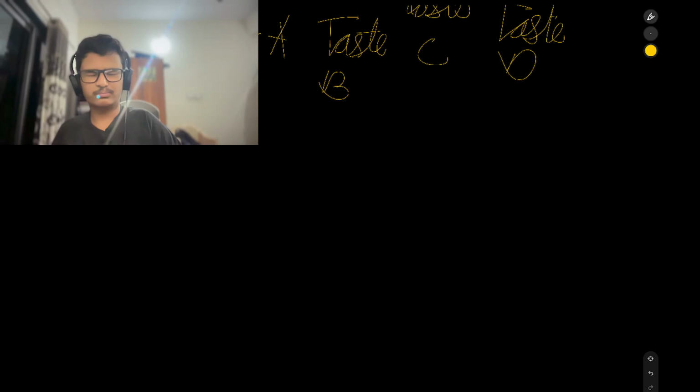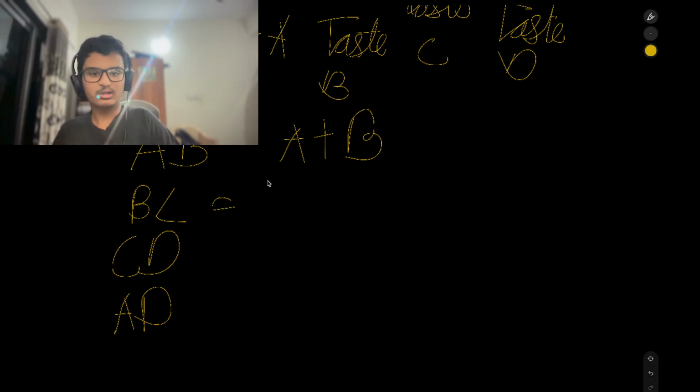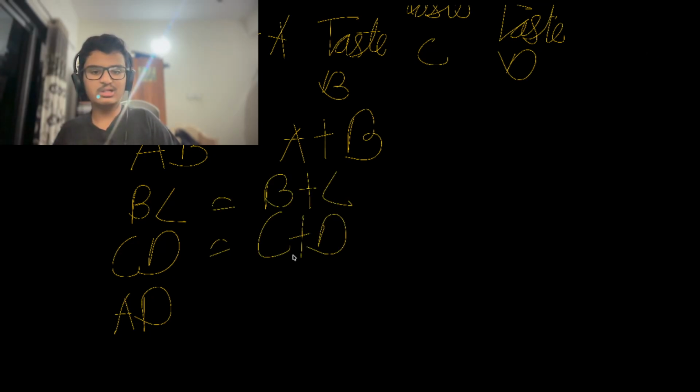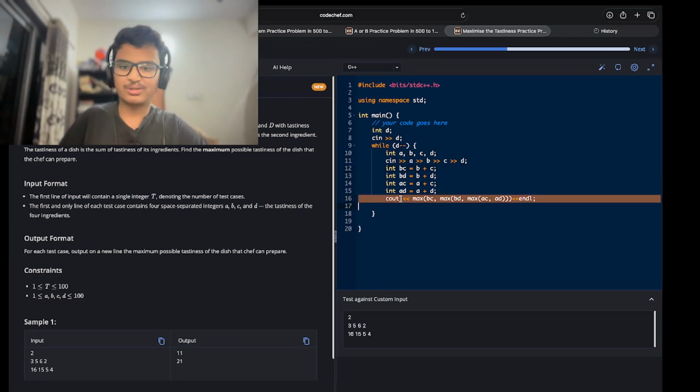The chef can take AB, BC, CD, or AD as ingredients, which is going to be A plus B, B plus C, C plus D, and A plus D. Fine. Then we are just maximizing them.